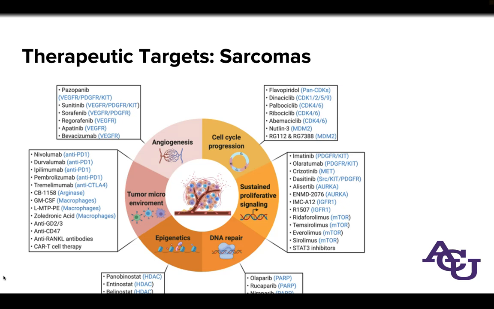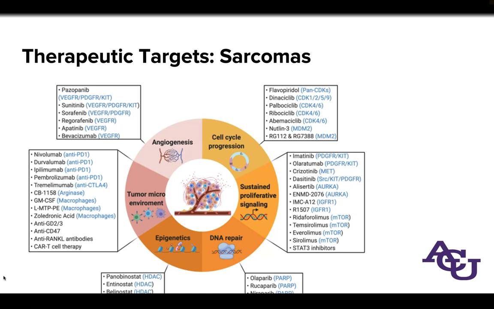Now, if we pick one type of cancer that tends to develop solid tumors, sarcomas, we can see that similarly there are a lot of different targets we can hit. So you can see that we've got, for example, in the upper left-hand corner, the last thing in the box, bevacizumab, that is a monoclonal antibody, as you can tell from the mab at the end, and that is specifically targeting things in the VEGFR pathway.